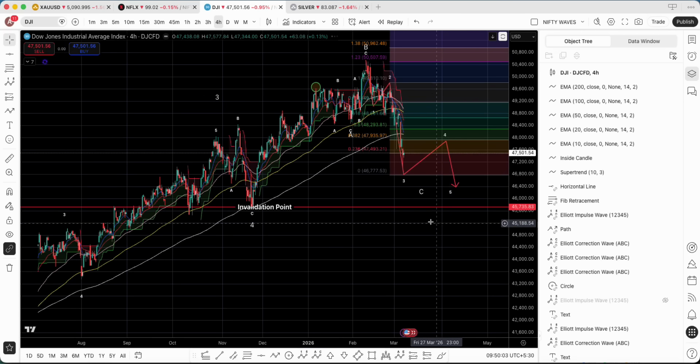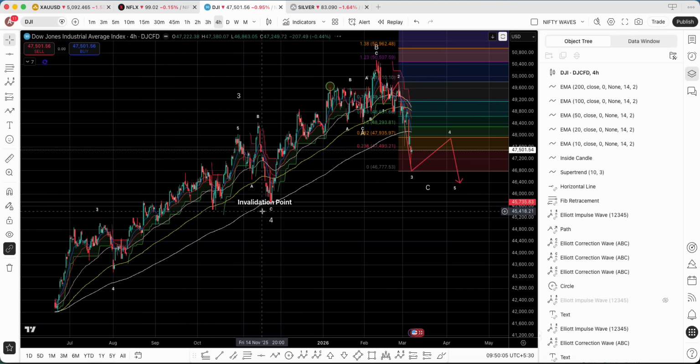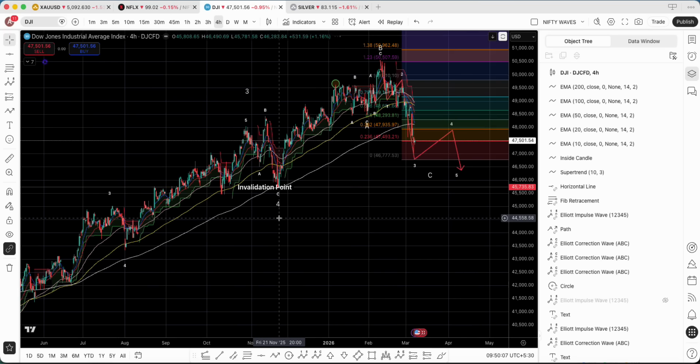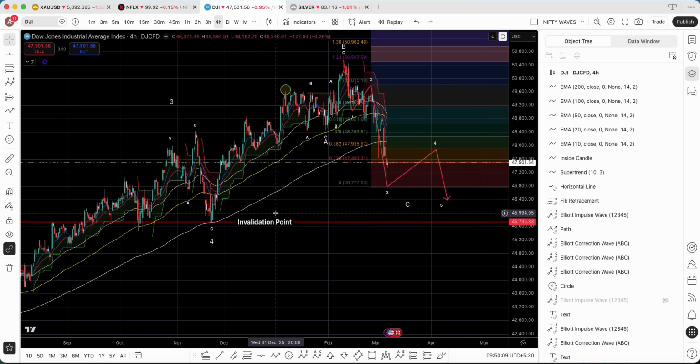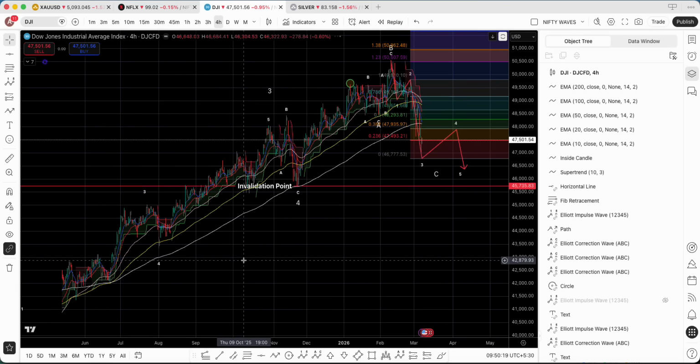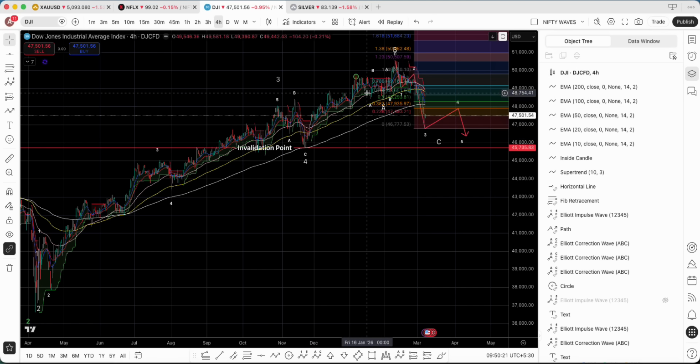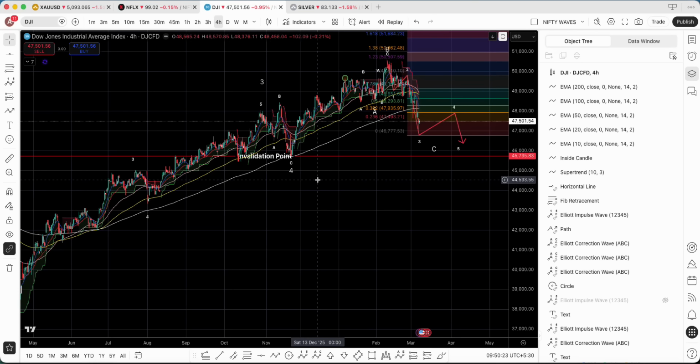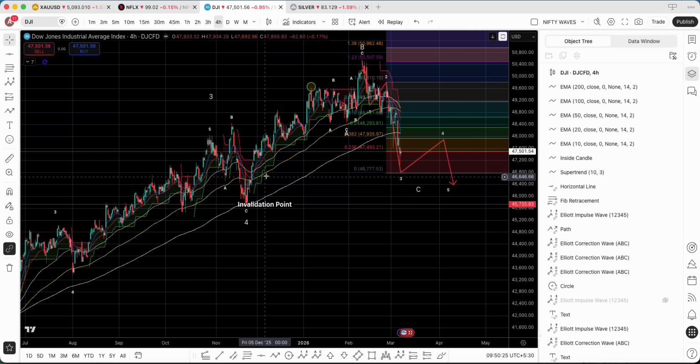We would then be looking at a much deeper correction, which we'll have to kind of study, because if this point here breaks, that's the fourth wave breaking down, and that would mean we're looking at a correction of this entire rise, which would be much steeper as opposed to just a correction of this impulse.